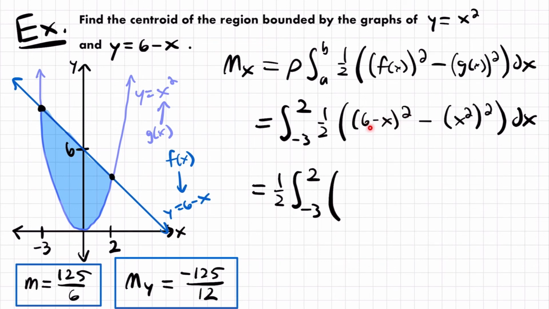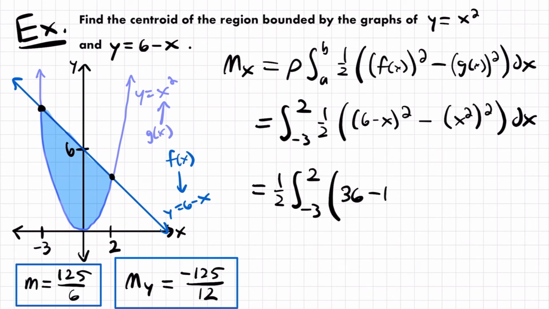Now if we square this quantity, I'm going to use the trick where you square the first term, then multiply the two terms together, and then multiply them by 2, and then add the last term squared. So 6 squared is 36, so we'll have 36, and then we'll multiply 6 times negative x, which is negative 6x, and then multiply that by 2 to get the middle term.